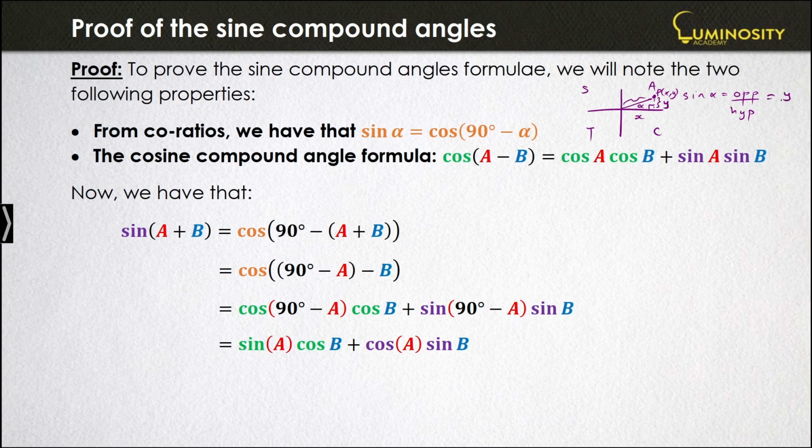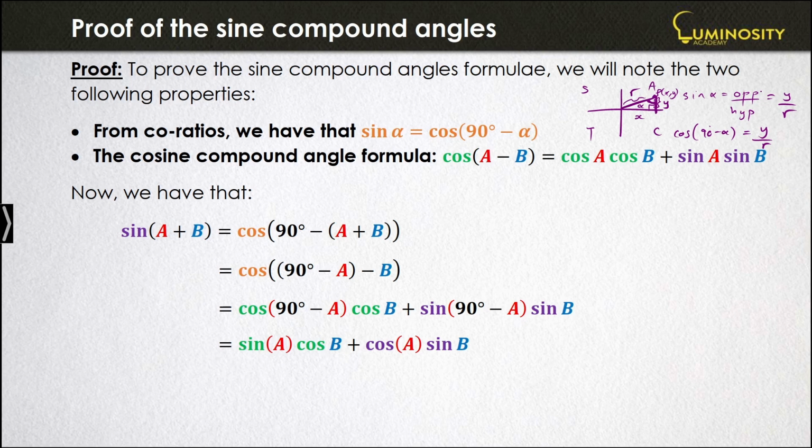So it's going to be y over the hypotenuse, if we call it r, so y over r. And then cos of 90 minus alpha, well, 90 minus alpha is this angle here inside the right-angle triangle. So the cos of 90 minus alpha is adjacent, which is that side y, over hypotenuse, which is r. So from co-ratios, these are equal to each other.